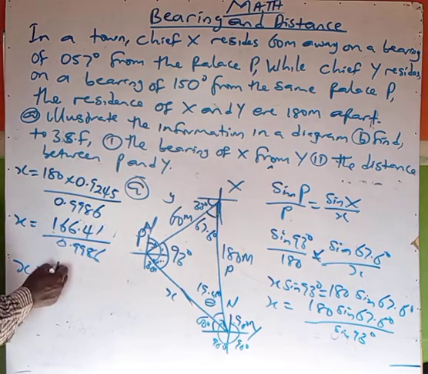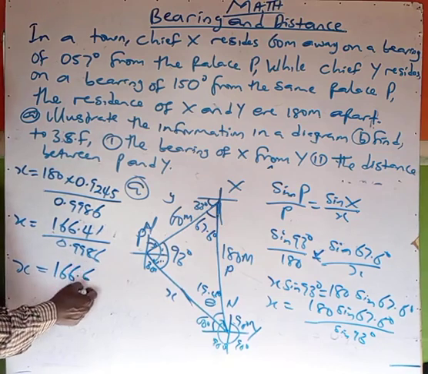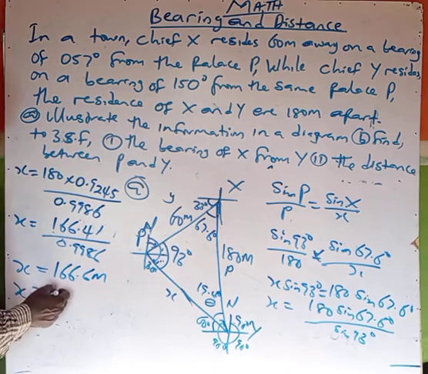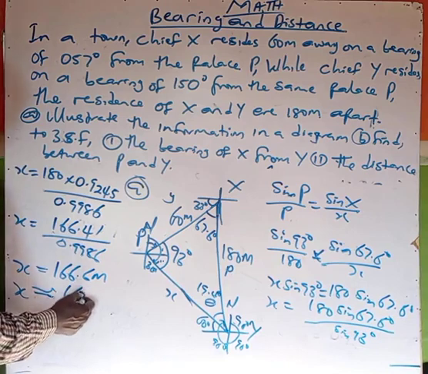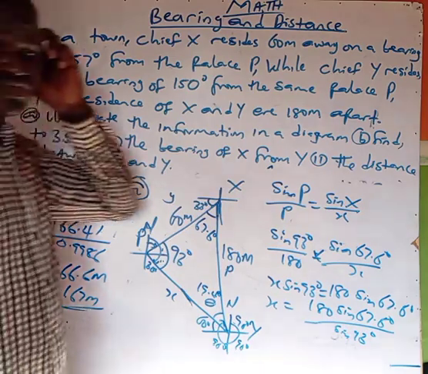So x here equals 166.6 meters. So the value of x approximately is going to be 167 meters. You have to approximate to three significant figures. So that is the solution to it.